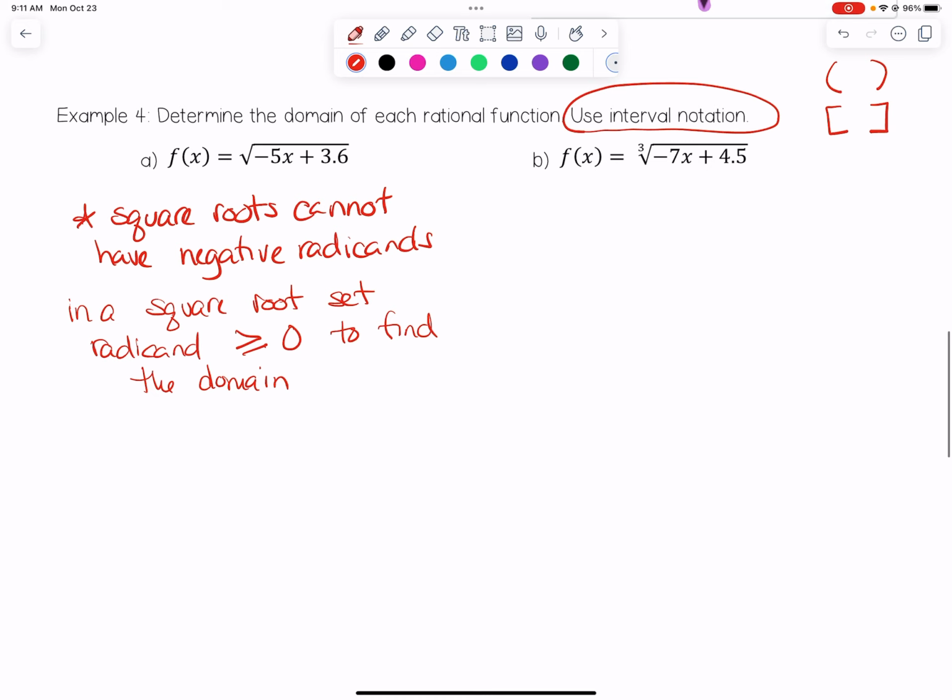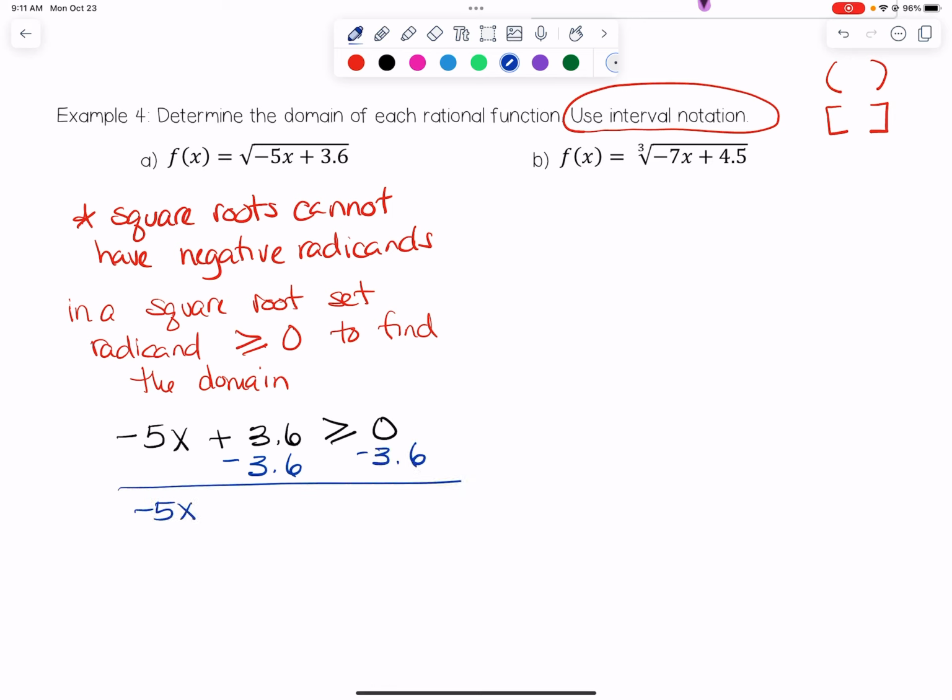So in this one, I'm going to take negative 5x plus 3.6 greater than or equal to 0. And then I'm going to solve it. So when I solve it, I'm going to subtract 3.6. So now I get negative 5x is greater than or equal to negative 3.6.